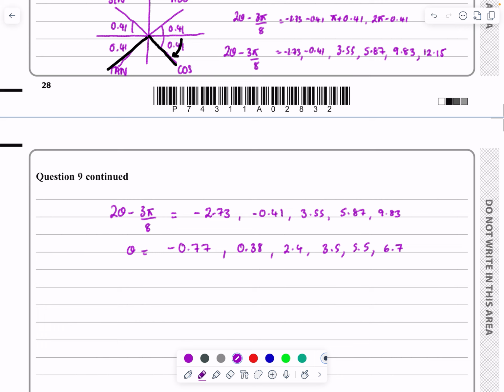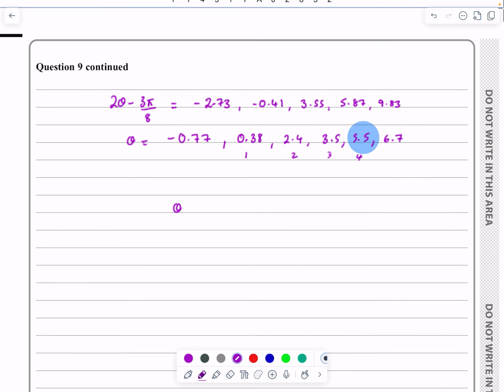But now, after all of that, the fourth value that we want is that one there. Okay, so the fourth value actually comes from, here's the first positive, here's the second positive, here's the third positive, here's the fourth positive. So my actual answer for theta now is equal to 5.5.